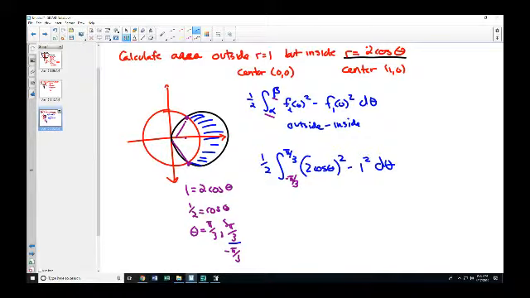Should get. I got 1.913. 1.913. I can read it.